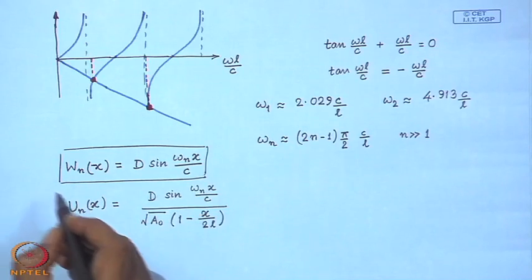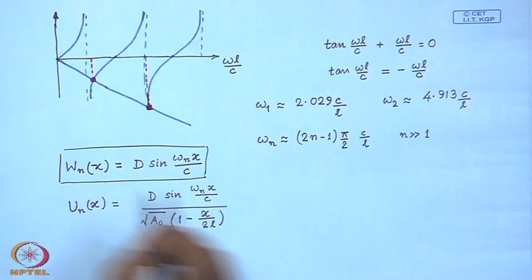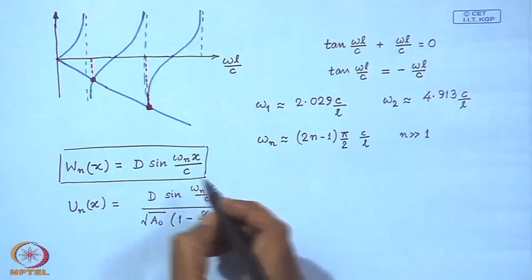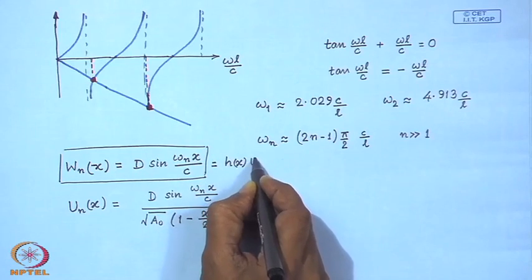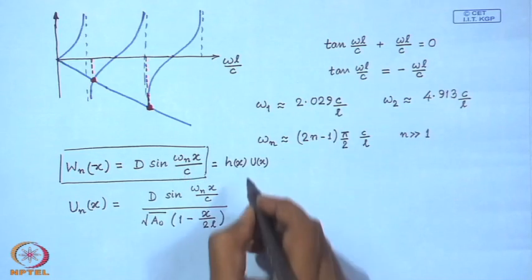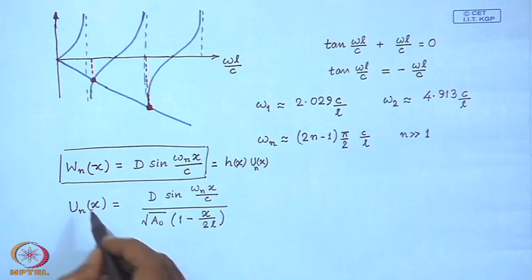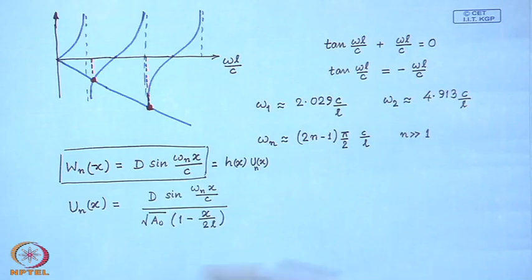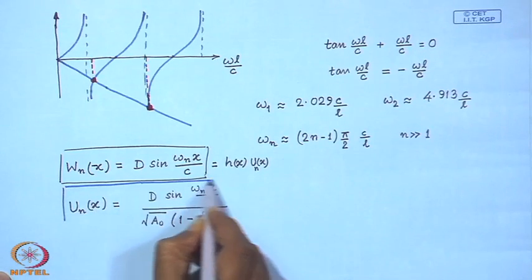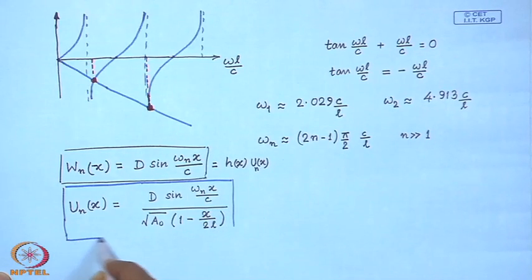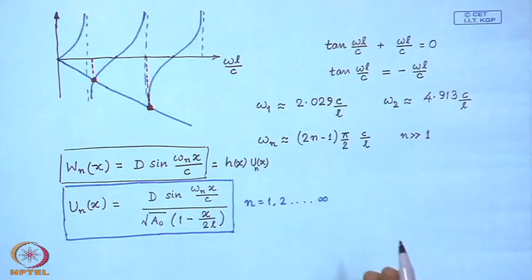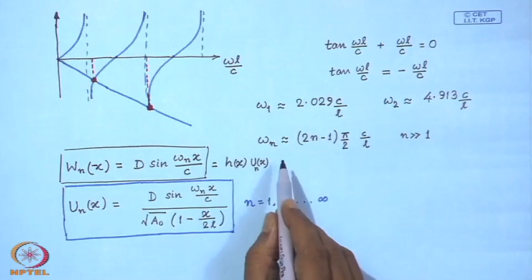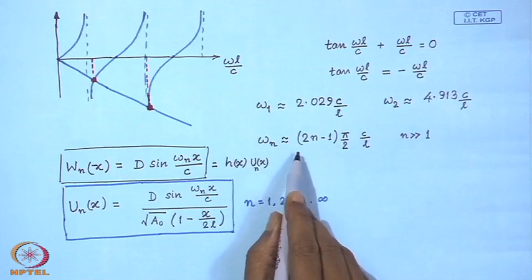So, w was nothing but, so, for our original problem, the eigenfunctions turn out to be these, corresponding to the eigenvalues or the circular natural frequencies given here.